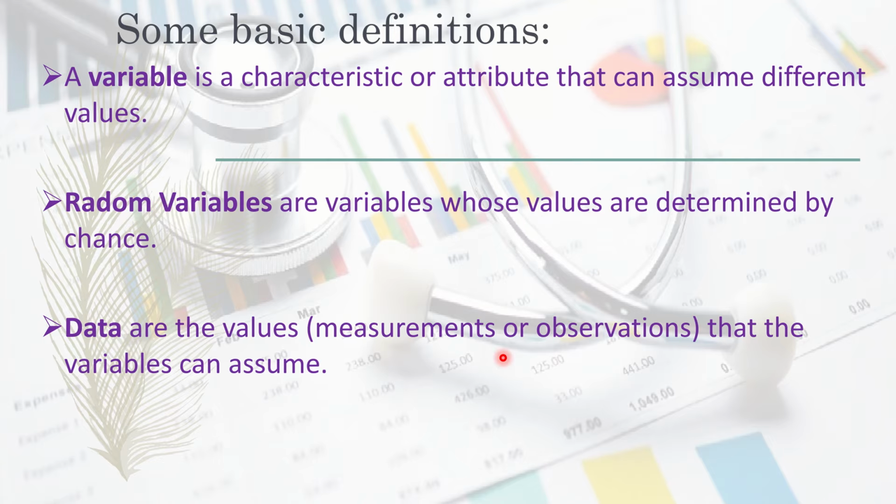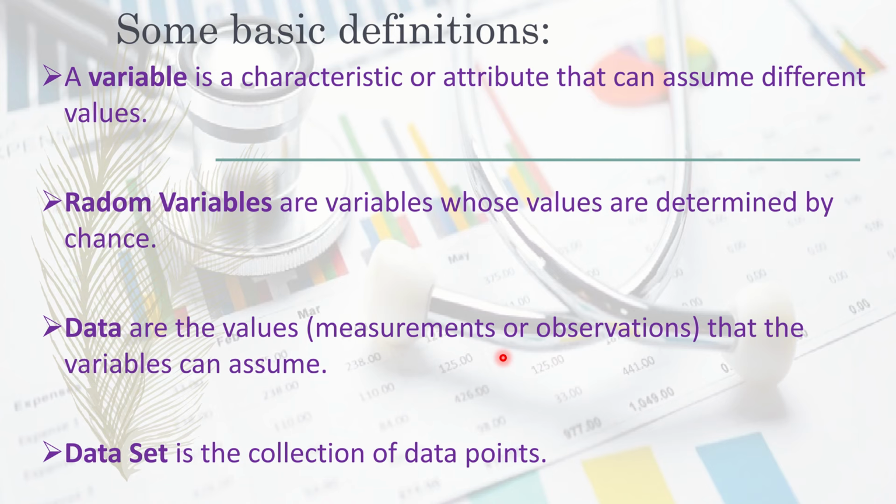You can call them data points as well. And then the set of all those data points, if you write them in a collection form, in a combined form, we call that a data set. This term is most importantly used in statistics. A data set is the collection of all possible values of that random variable or variable.